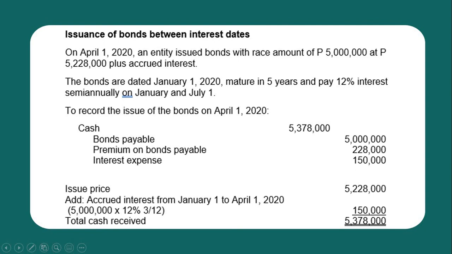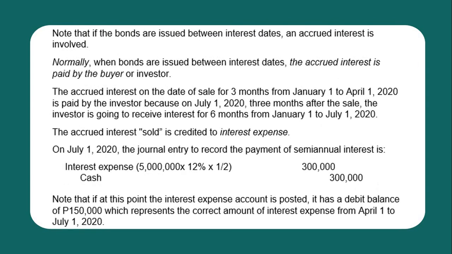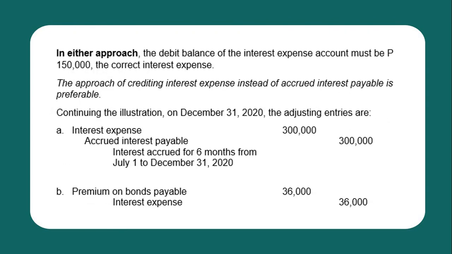Is it necessary to amortize it for 5 full years or less than 5 years? Now, the answer is, we will amortize the premium starting on the date of issuance until the maturity date.